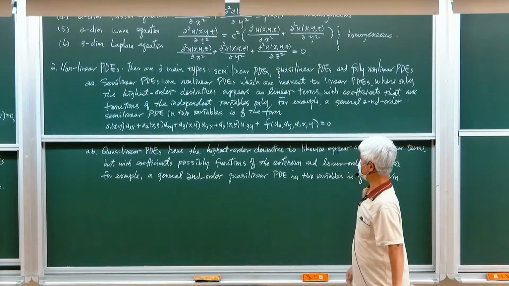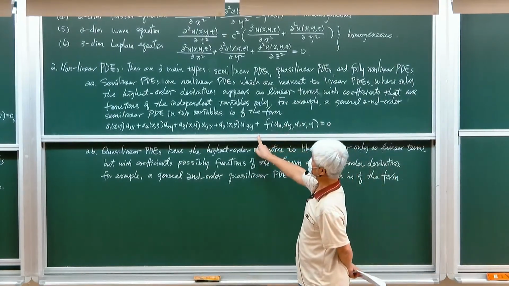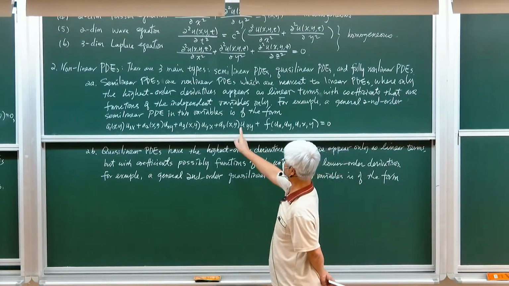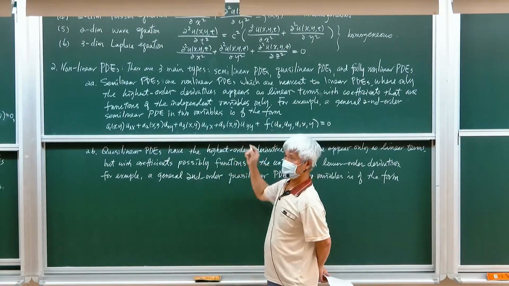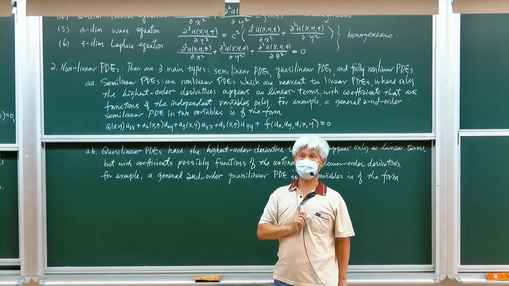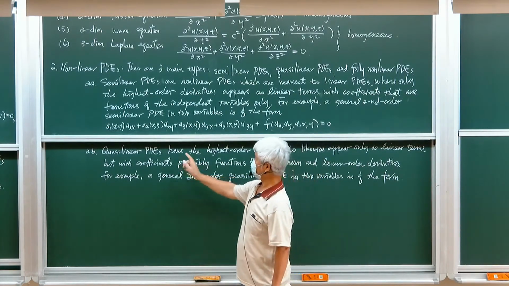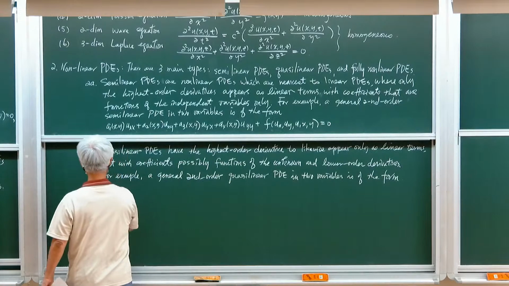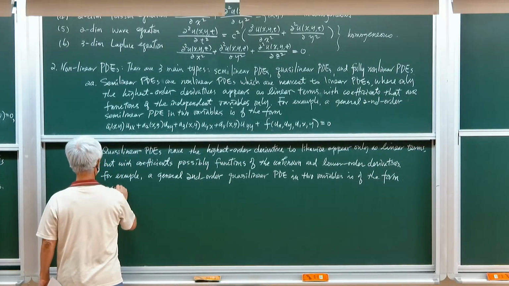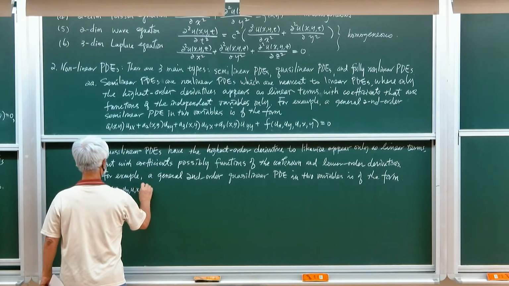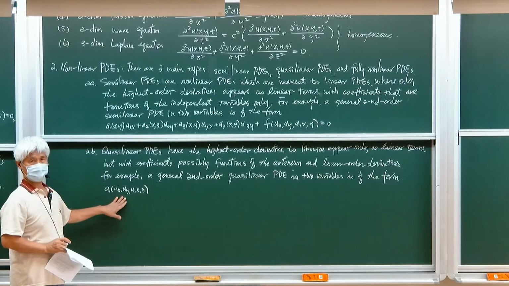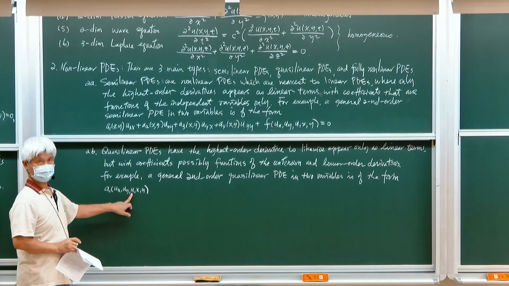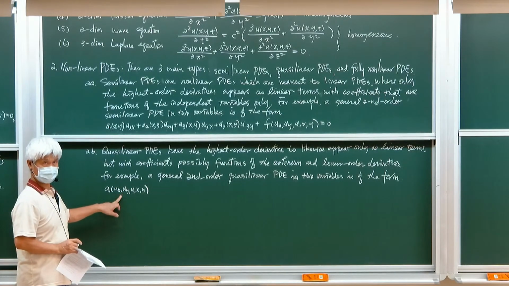So what is different? In semi-linear PDEs, the coefficients of these high-order terms are functions of the independent variables. But in quasi-linear, the coefficient will be an arbitrary function of the unknown function and its low-order derivatives.